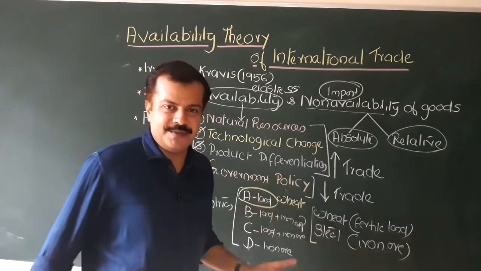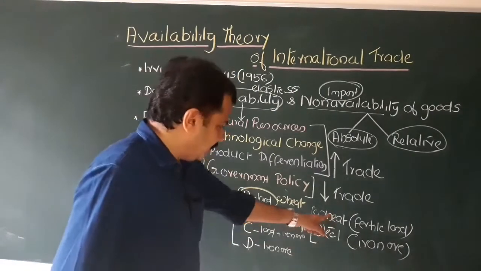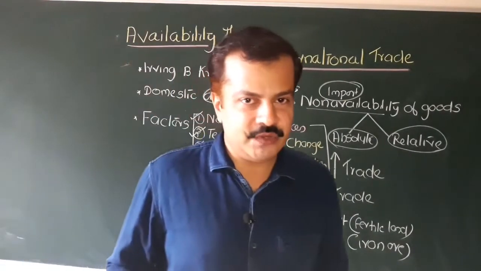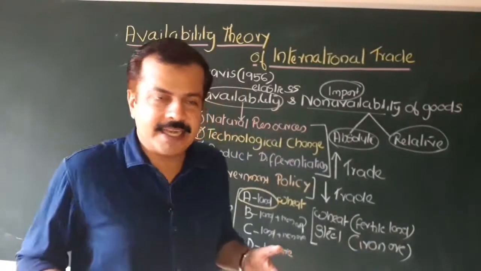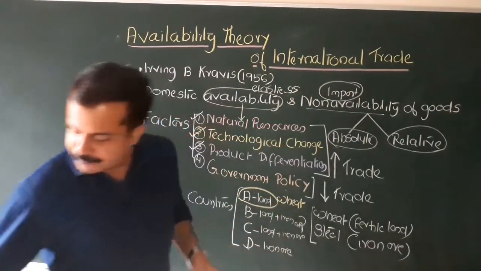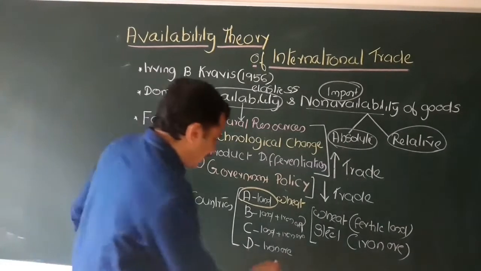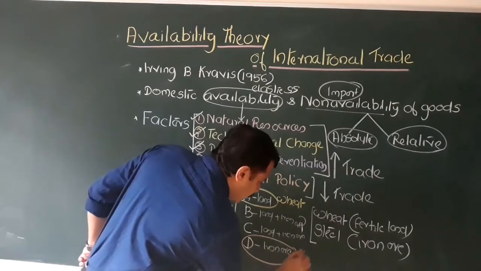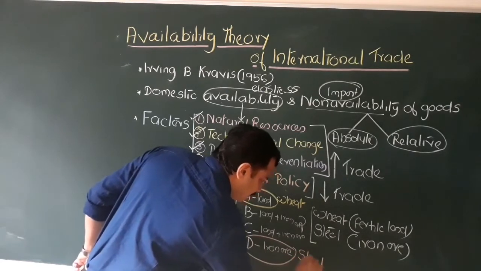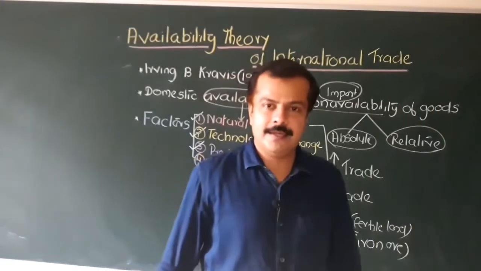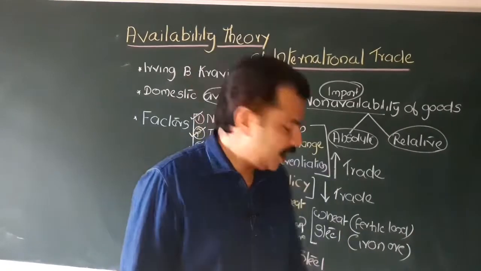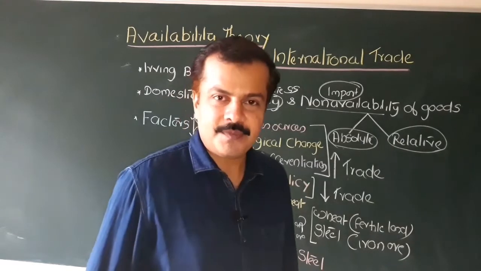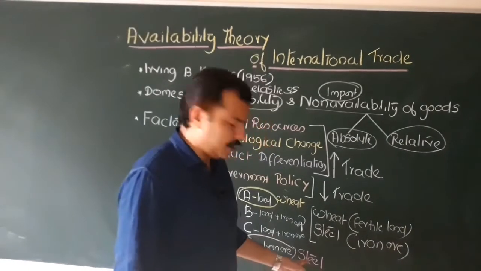Following the same logic, country D can specialize in the production of steel. They can only produce steel because the resource available with it is iron ore.